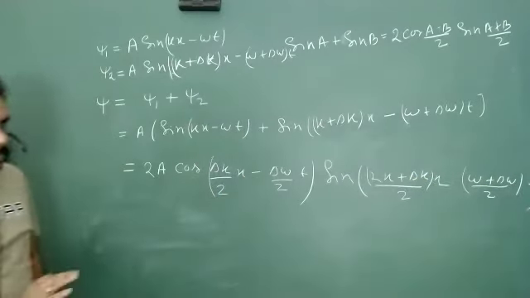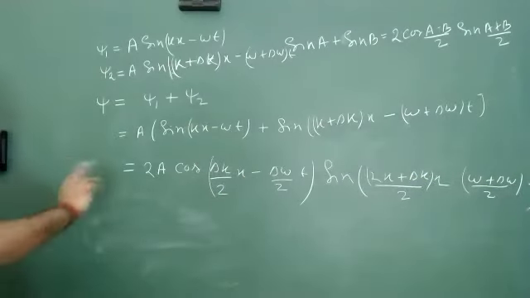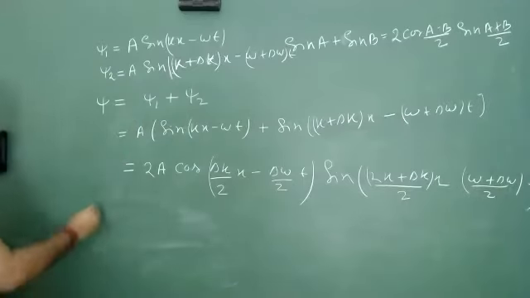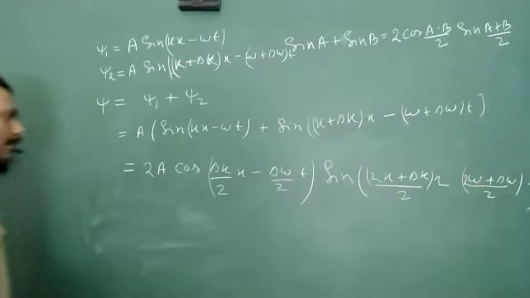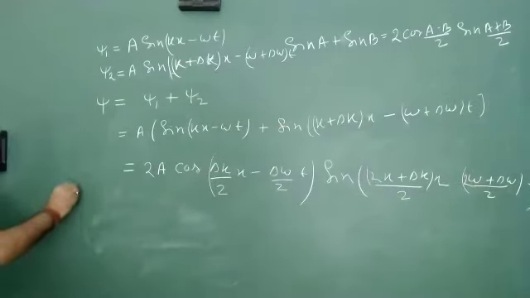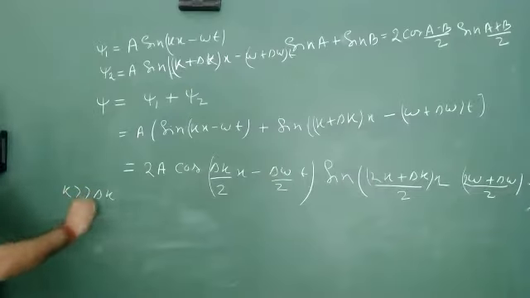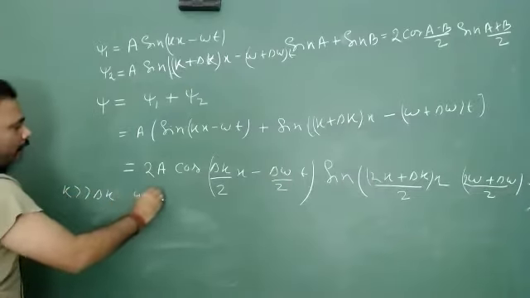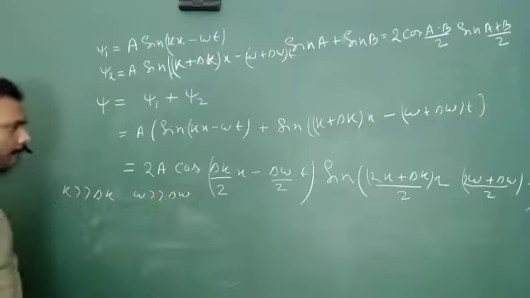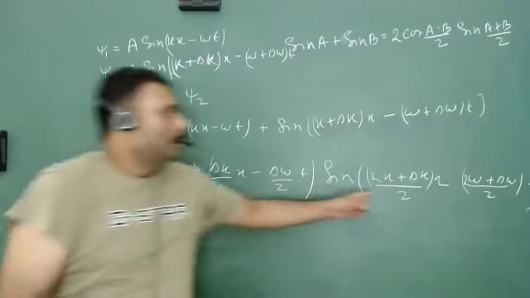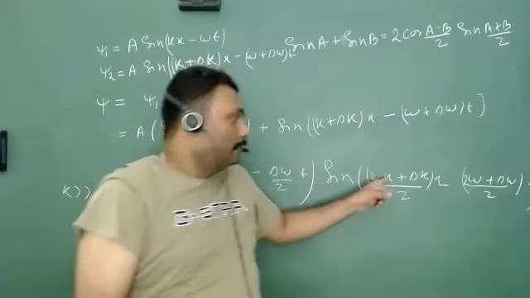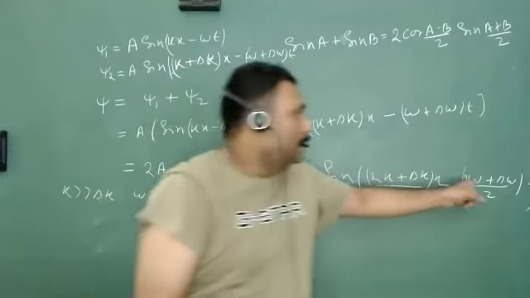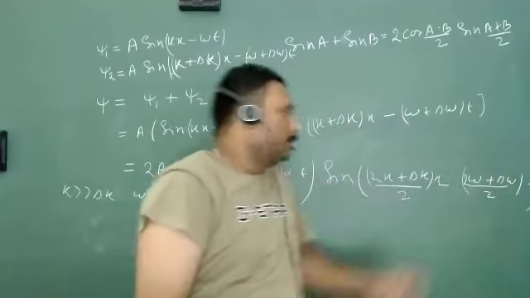And now what you can find here, we have the assumption that the term becomes 2 omega. Yes, that will be 2 omega. What is the assumption? That k is very, very greater than delta k and omega is very, very greater than delta omega. So I can remove delta k with respect to k, and delta omega with respect to 2 omega.